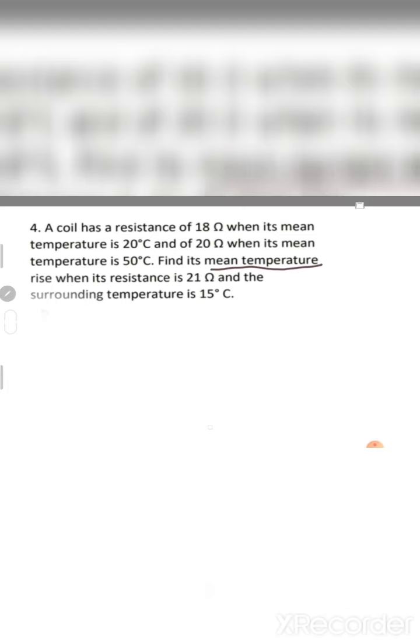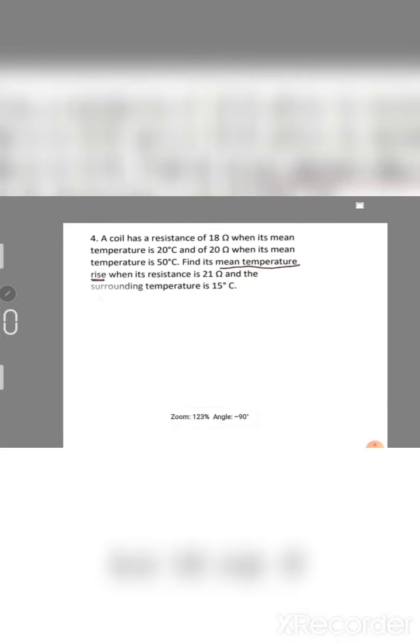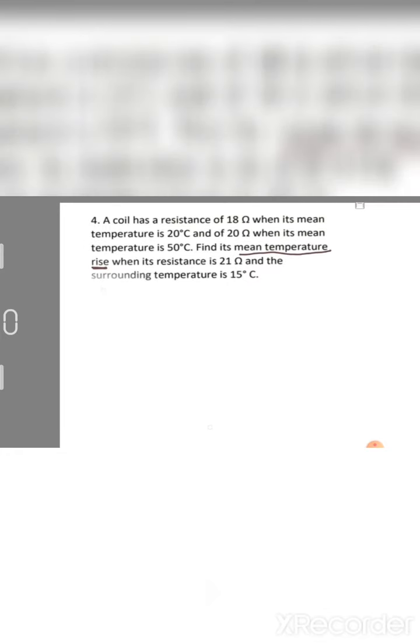Okay. So first, let us solve for our mean temperature rise. When you are talking about mean temperature rise, you are comparing the temperature minus your surrounding. Okay. So how will we solve this? Since it is difficult to think about, let us first tabulate the given.